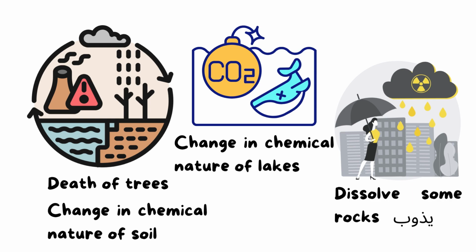And also, this acid rain causes what? Dissolving some rocks, and maybe some rocks in buildings. Dissolving means what? The rock will become smaller because part of this rock will go with the water, this acid water. So this is the harm of acid rain.